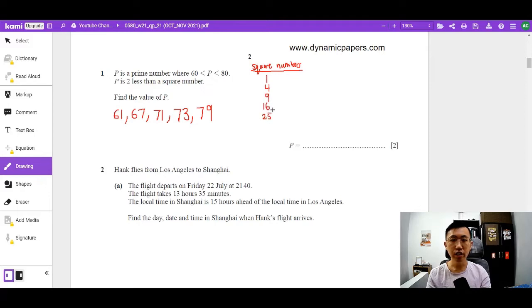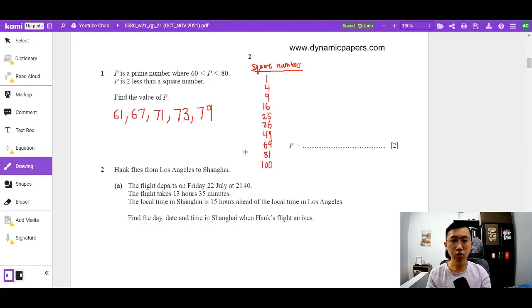So let's write the square numbers. 36, 49, and the next one is 64. What else? 81, what else? 100.